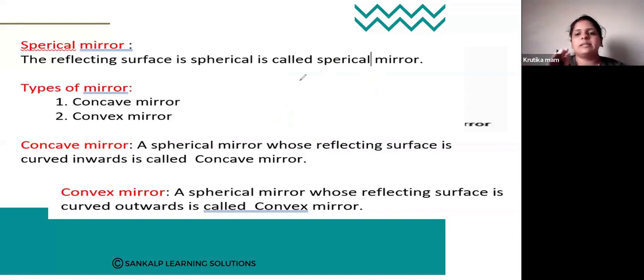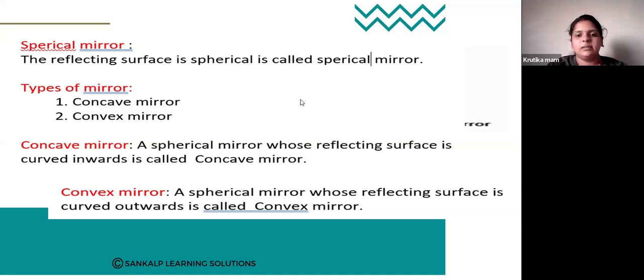Whose reflecting surface is curved outward is called the convex mirror. So we have two types of mirrors, concave and convex. Hope the definitions of the concave mirror and convex mirror are clear to you.